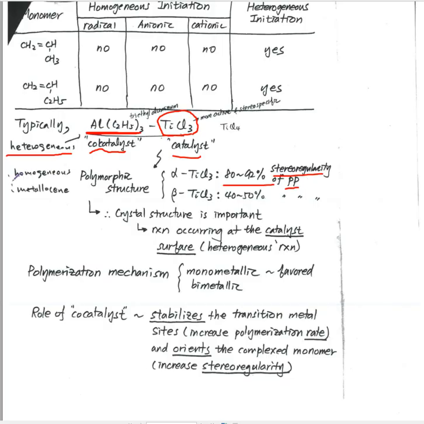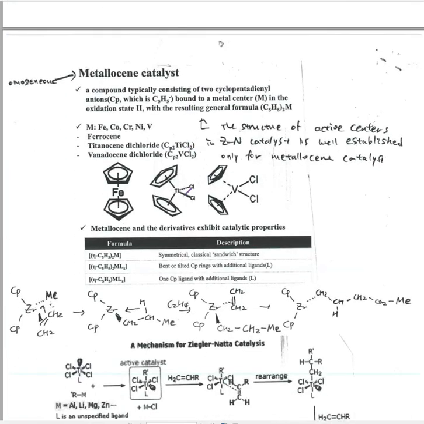And for homogeneous catalysts, metallocenes are commonly used. Let's see what metallocenes are. A metallocene catalyst looks like this. At the center of the catalyst there is a metal such as iron, titanium, or vanadium, and these ferrocene-type molecules coordinated to this metal.